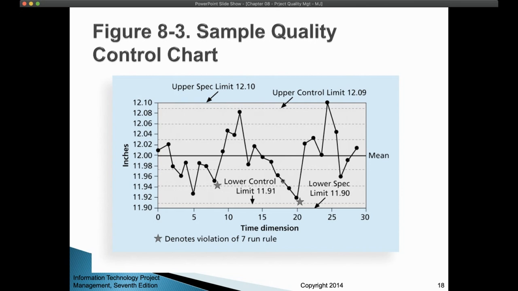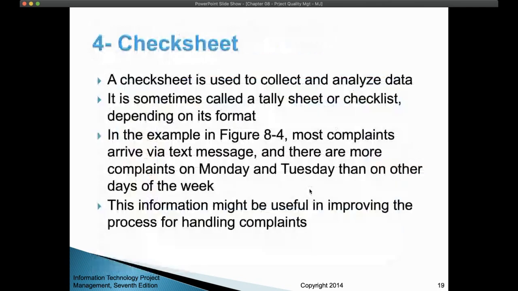They are 1, 2, 3, 4, 5, 6 below the mean, and 1 above the mean. So you have a problem here, because they are following subsequently. So here you also need to check why this happened. And this is how you detect if there's a problem in the quality. This is the 7-run rule.